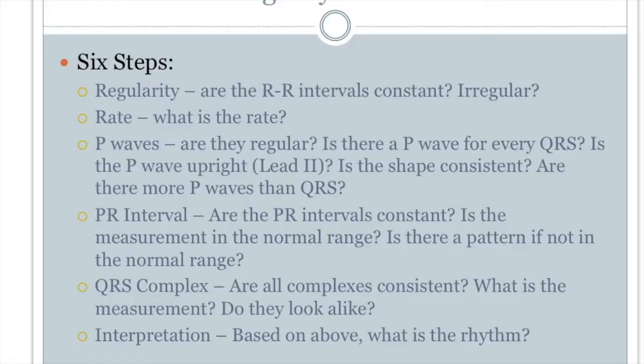Is the measurement in the normal range? If there's a pattern, if not in the normal range, and again that has to do with blocks. QRS complex. Are all the complexes consistent? Some aren't, and we will talk about those. They're called contractions. And what is the measurement? What do they look like? And then based on all that above, we'll figure out what the rhythm is.